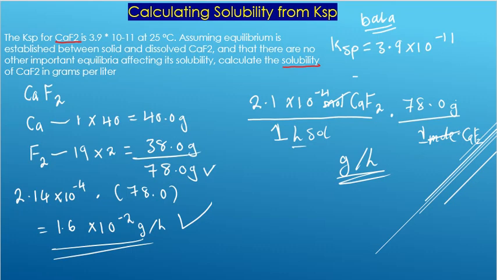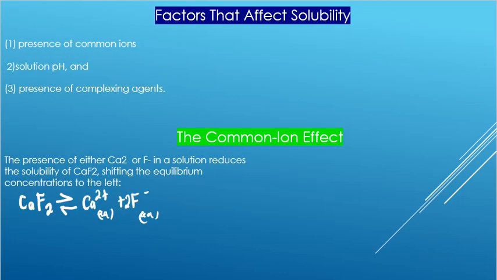We get to some other things. Okay, so we look at the factors that affect solubility. The first factor that affects solubility, of course, is simply the presence of common ions, which was simply called the common ion effect, the pH of the solution, and the presence of complexing agents.